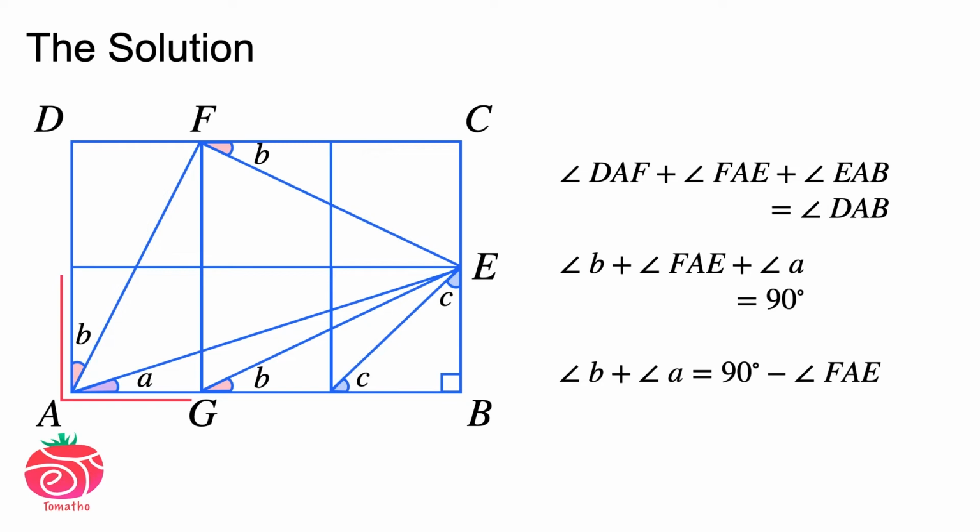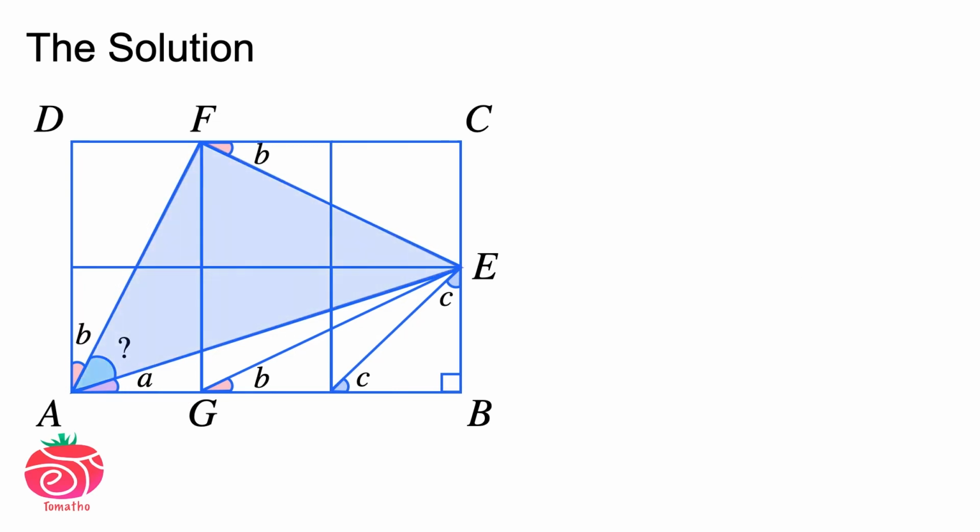Wow, see? We are very close to getting the value of A plus B. We do not know the degree of FAE yet. How can we find out then? Well, let us look at the triangle AFE. AFE is actually an isosceles triangle since the lengths of AF and FE are the same.